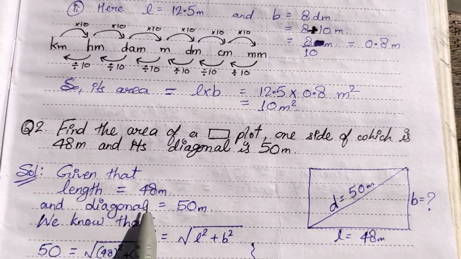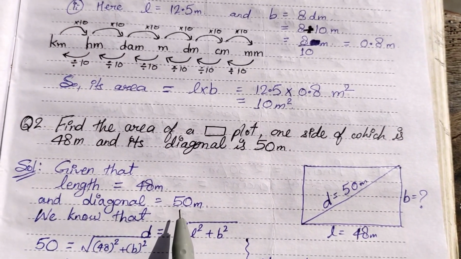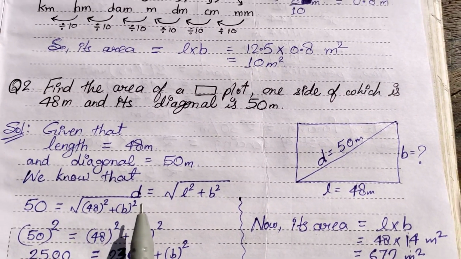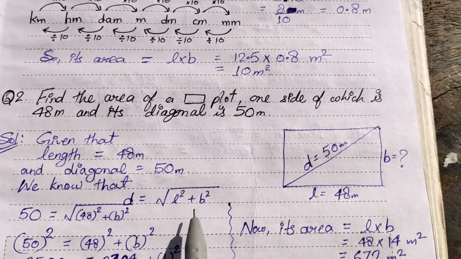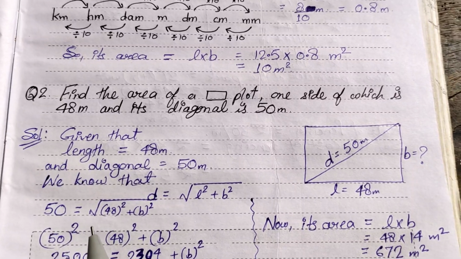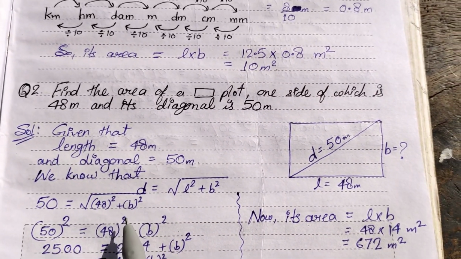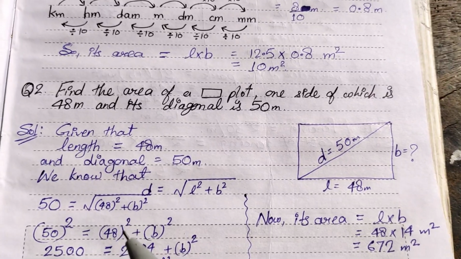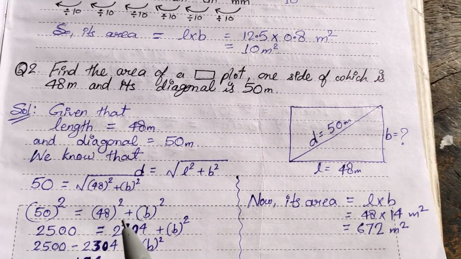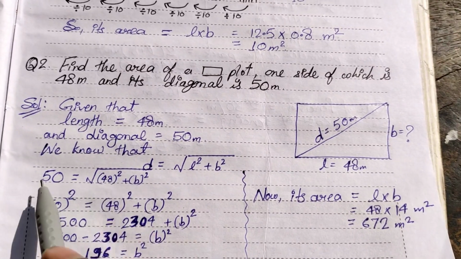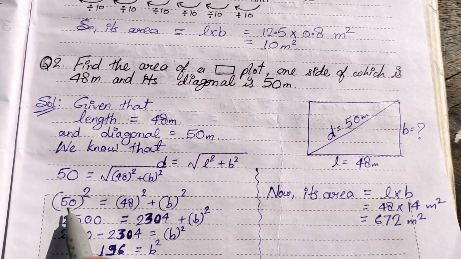Now given that length is 48 meter, diagonal is 50 meter, we know the formula of diagonal, that is diagonal is equal to under root length square plus breadth square. So put the value, diagonal is 50, under root length is 48, breadth we don't know, so let's assume b is breadth square. Now transfer this root to the left side, we have the square of 50.